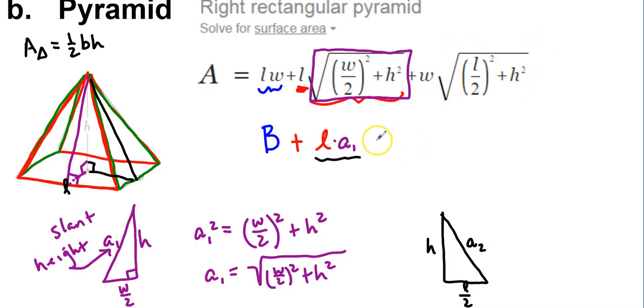So writing this in terms of the slant height of these particular faces, A1 is going to be the slant height of the front and the back. A2 is going to be the slant height of the right and the left.